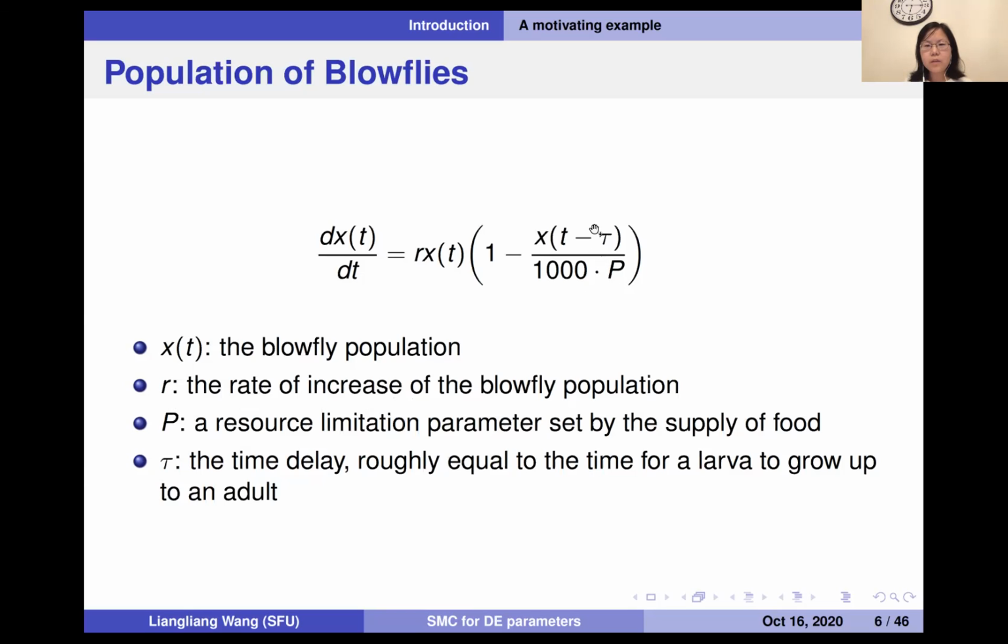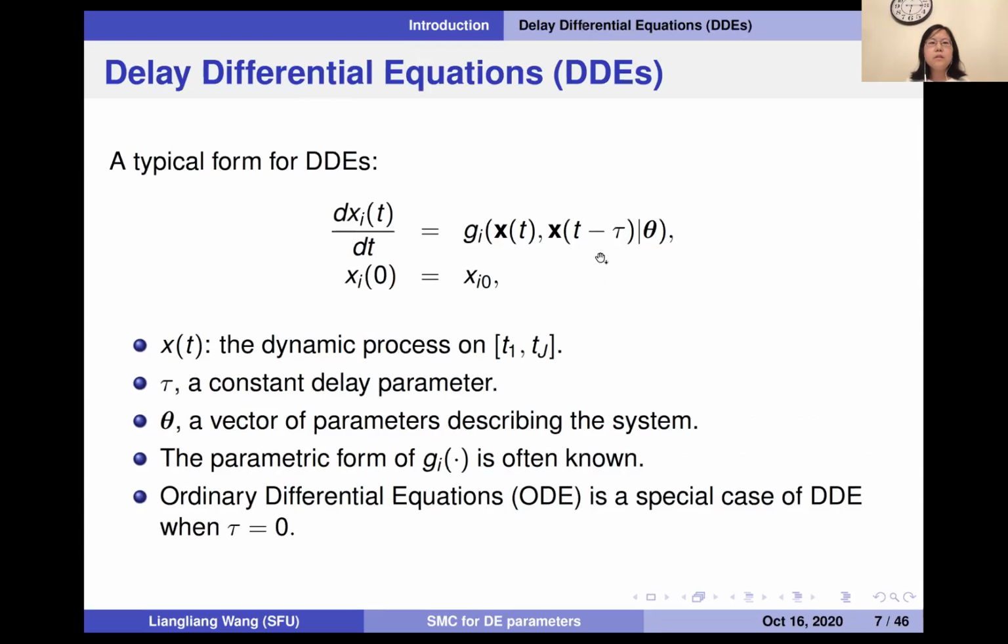There's one special parameter, tau, which is a time delay. It's roughly equal to the time for a larva to grow up to an adult. So this differential equation is called a delay differential equation, or in short, DDE.